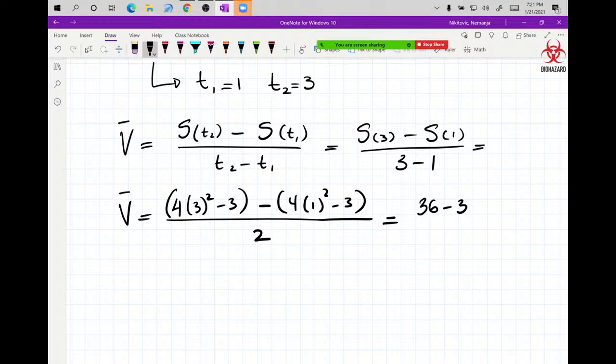Minus 3. Minus 4. And then plus 3, because the minus applied to this minus gives you a plus. And that all divided by 2. 3 and 3 will cancel. 36 minus 4 is 32. Half of 32 is 16.